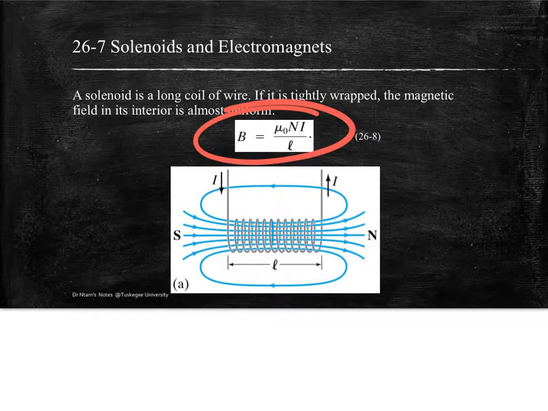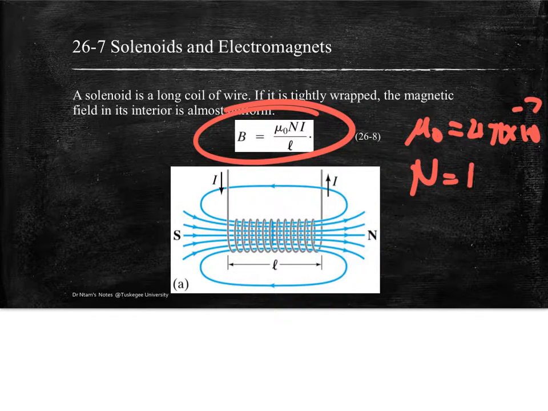The field of a solenoid is given by this equation. Mu naught is a constant, 4 pi times 10 to the minus 7. N is the number of turns, that's the number of times the wire is wrapped around the magnetic material.